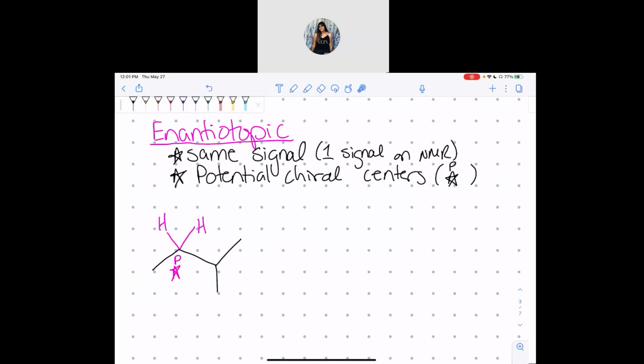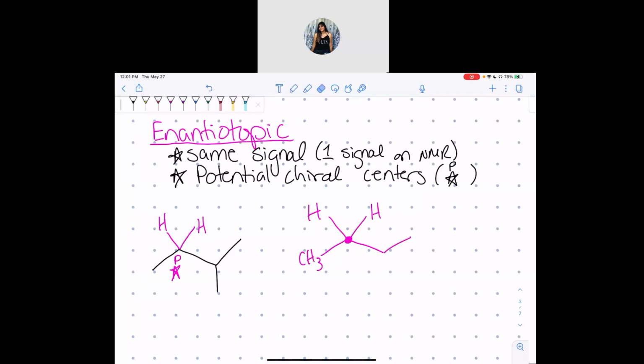Someone asked something, I missed the question because it zoomed past, but someone asked what makes 2 unique groups. That's a great question. So let's say this is our carbon that we're looking at. It has 4 bonds. Let's say that 2 of them are hydrogens. And then here we just have to have 2 completely different things. So we can have a CH3 and an ethyl.